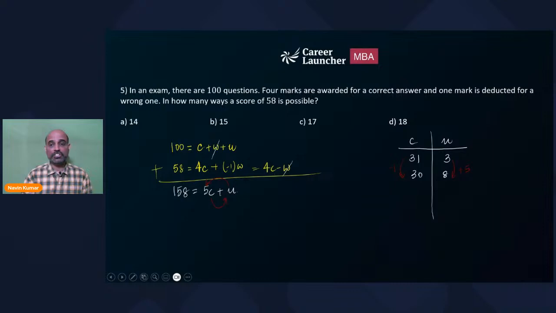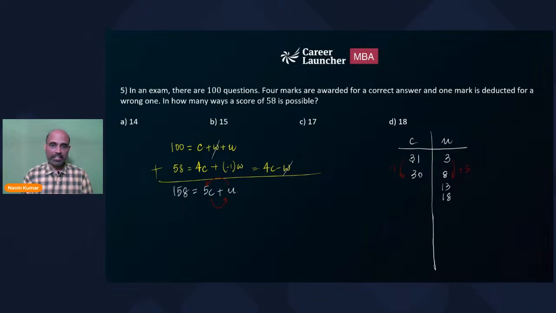But please pay attention, the number of questions are increasing, right? So you have to be careful. So after 3, you will have 8, then you will have 30, you will have 18. So you can see that looking at the options, worst possible case, you will have 18 answers possible, right? Let's go.